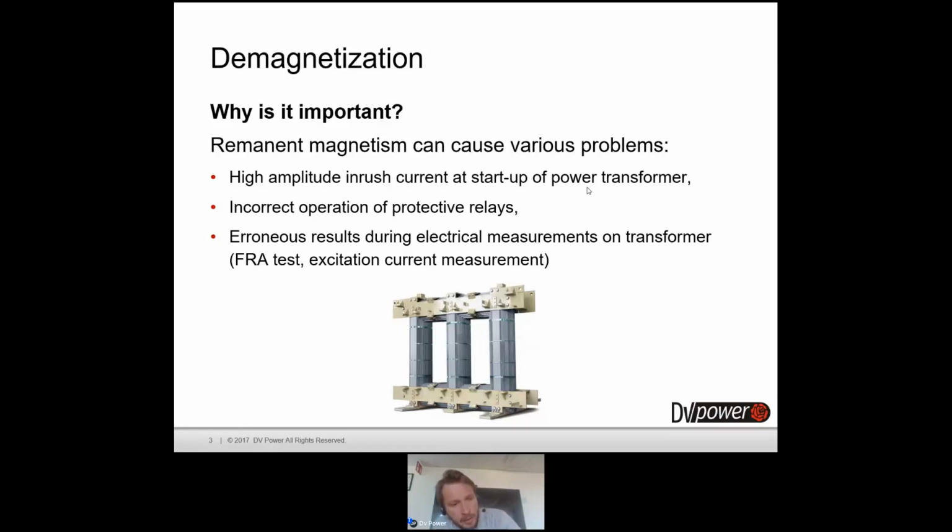I remember one case when a new transformer was transported between the factory and the substation. In that case, it's a normal procedure to perform commissioning testing.